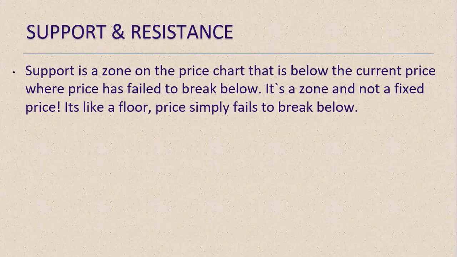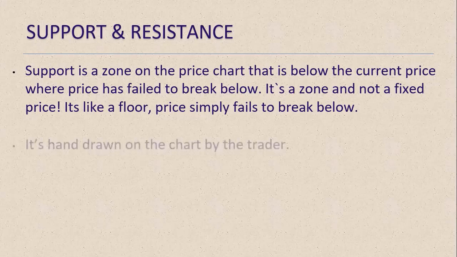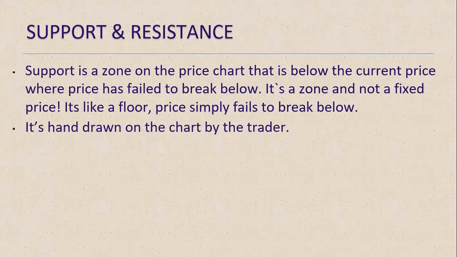And I'm going to show you how we normally mark our support and resistance on the price chart. We do not mark it as just a single price, but we mark it as a zone. So you as a trader, using your hand and using your eyes, you look on your chart and realize that there's a particular zone at which price is getting to, but price is failing to break below.